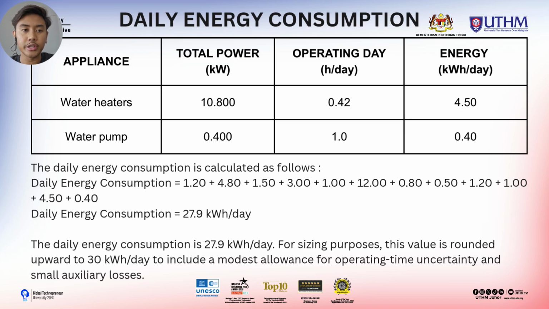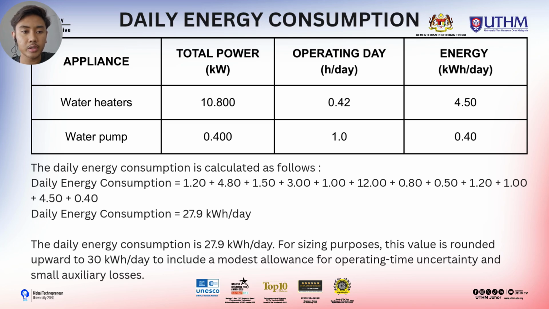This slide shows the daily energy consumption of the selected appliances. The water heater has a power rating of 10.8 kilowatt and operates for 0.42 hours per day, resulting in 4.5 kilowatt hours of energy consumption.